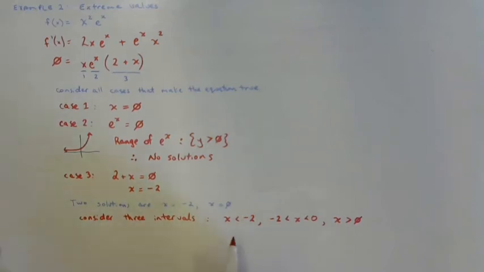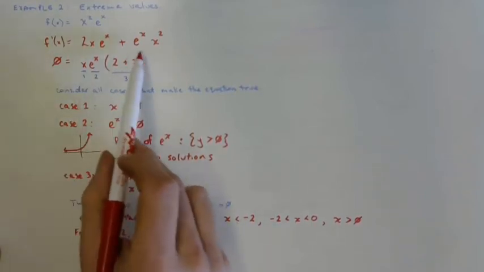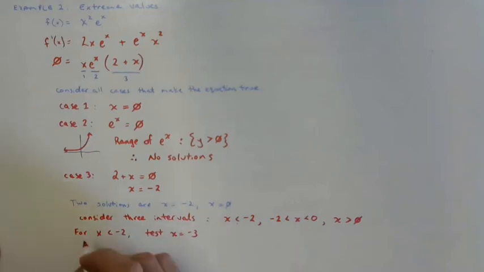So, test value for x less than -2. Let's test x equals -3. Again, we're going to be putting this in our derivative function. So we've got f prime of -3 is equal to, and I'm just going to sub in -3 wherever I see an x.